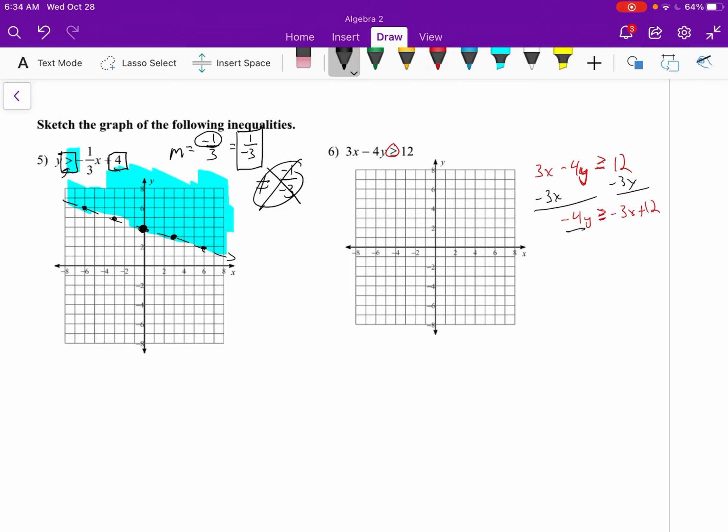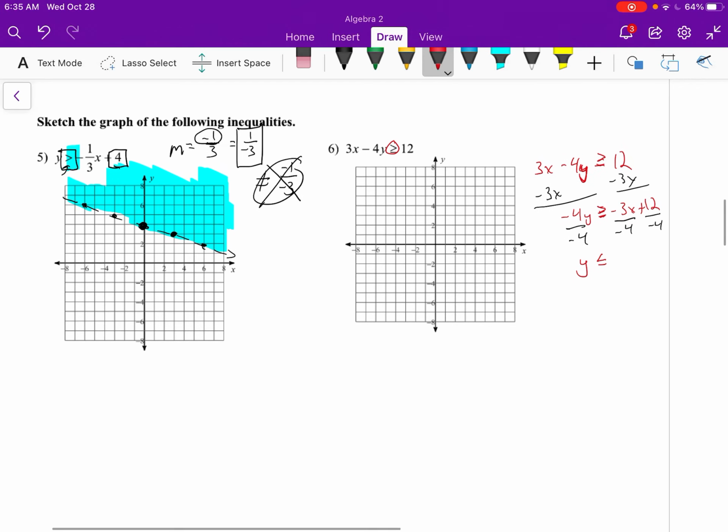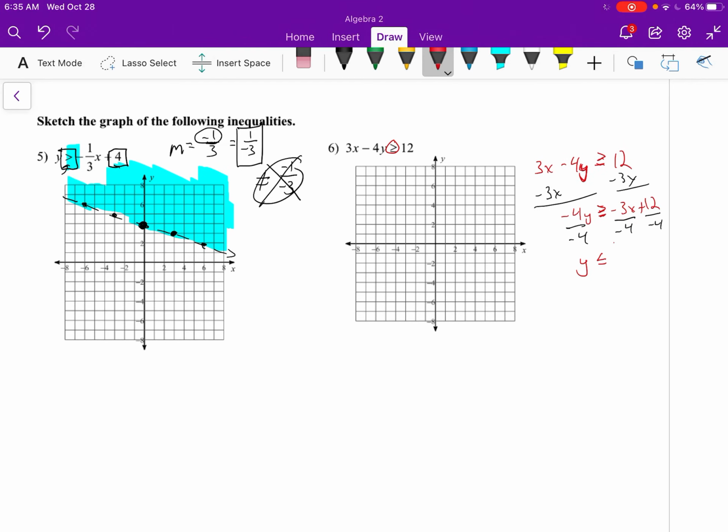That was bad. We want to divide both sides, or each term, by -4. When we divide by a negative, we have to switch the direction of the sign. So this greater than or equal to becomes a less than or equal to. -3x over -4, that's a negative over a negative, so a positive 3/4. We can write the x out here, and then 12 divided by -4 is -3.